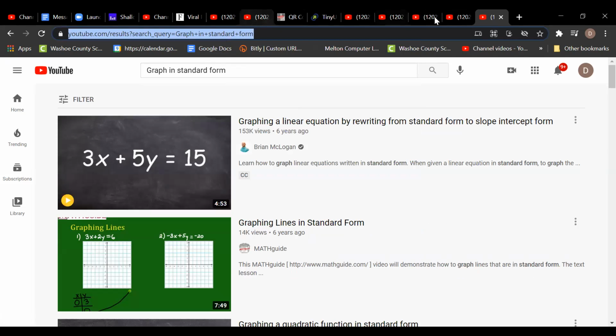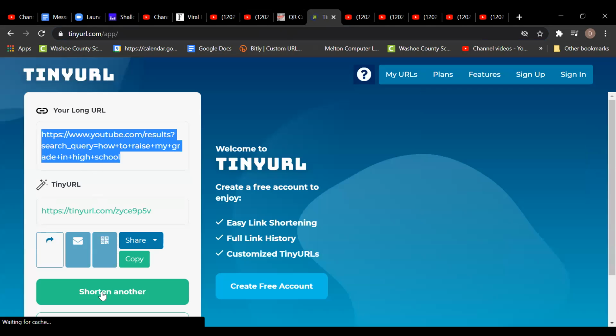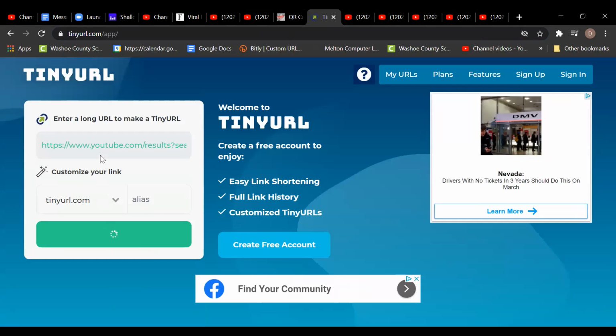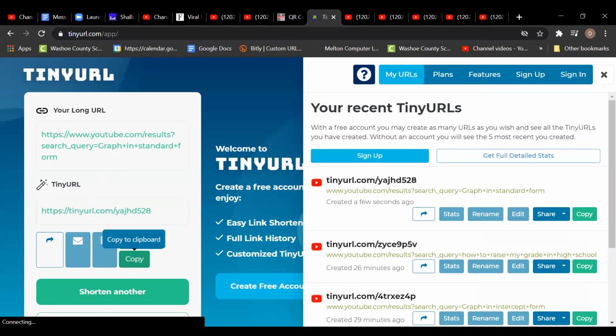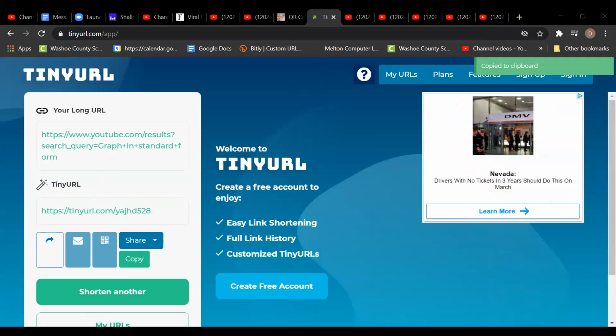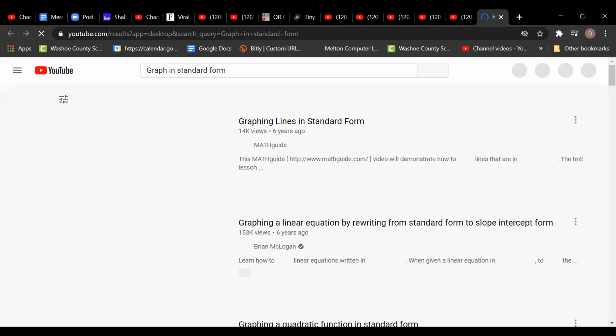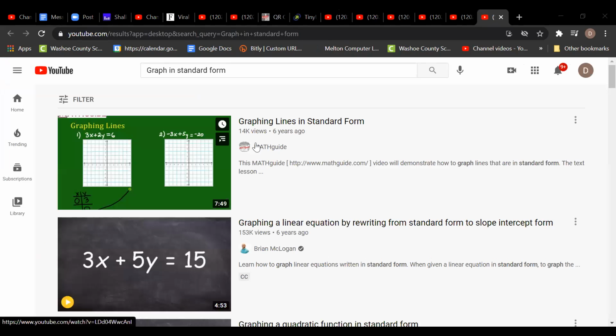I'm going to click on a tiny URL, copy that and paste it over here. Let's try that one more time. Graph in standard form. Okay, now it's working.